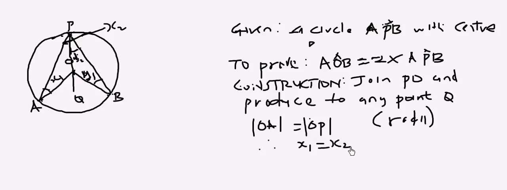If I have a triangle ABC, and AB is equal to AC, that means these two base angles are the same. So that's why x1 is equal to x2. The reason for that is the base angles of an isosceles triangle.